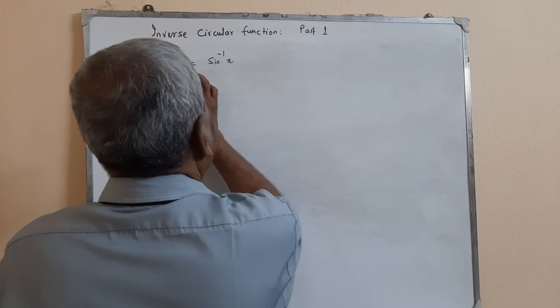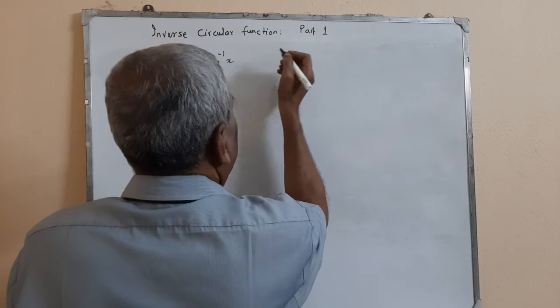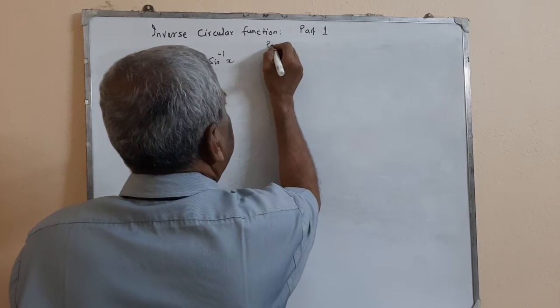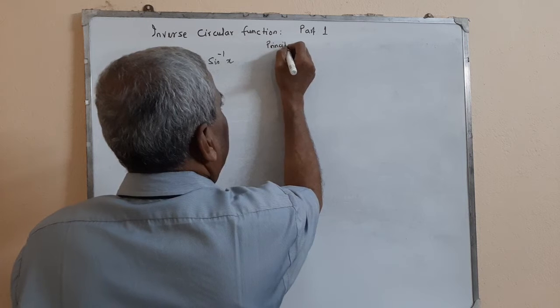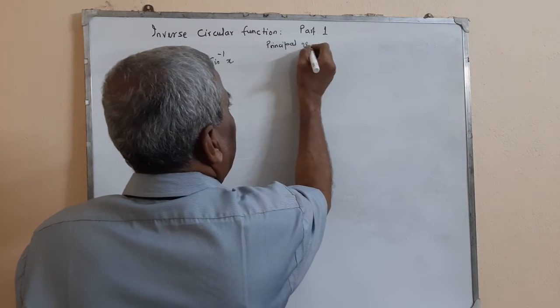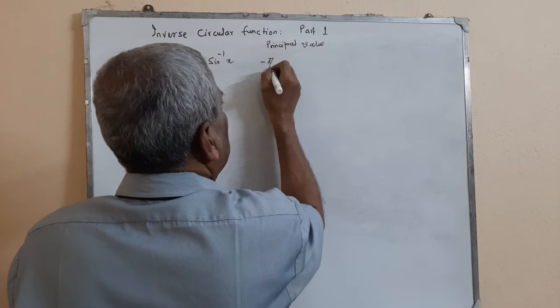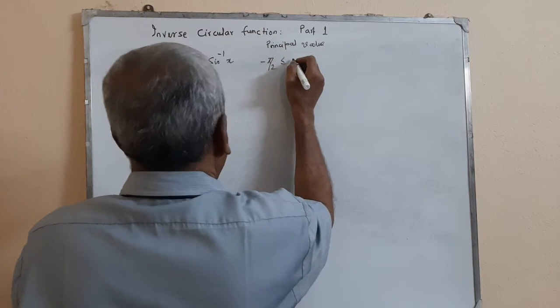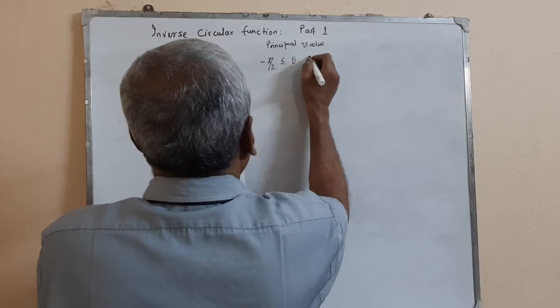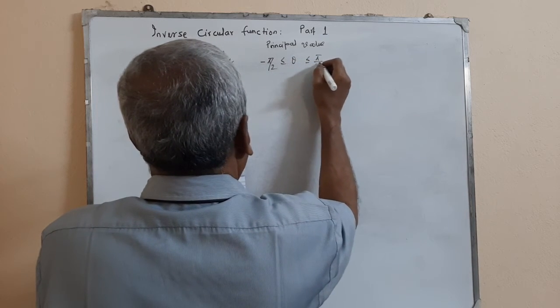For theta is equal to sine inverse x, the principal value is between minus pi by 2 less than or equal to theta less than or equal to pi by 2.